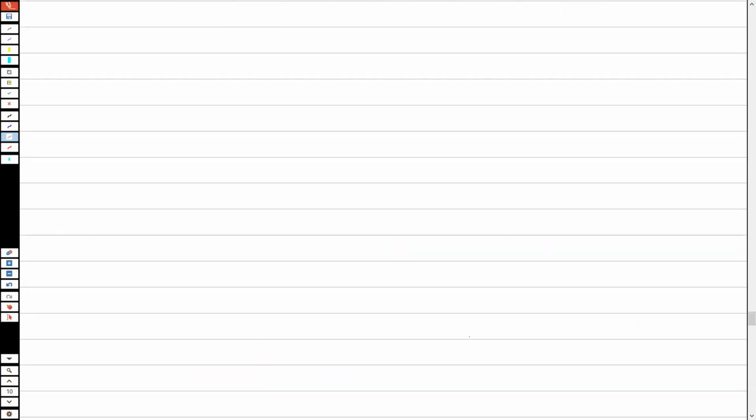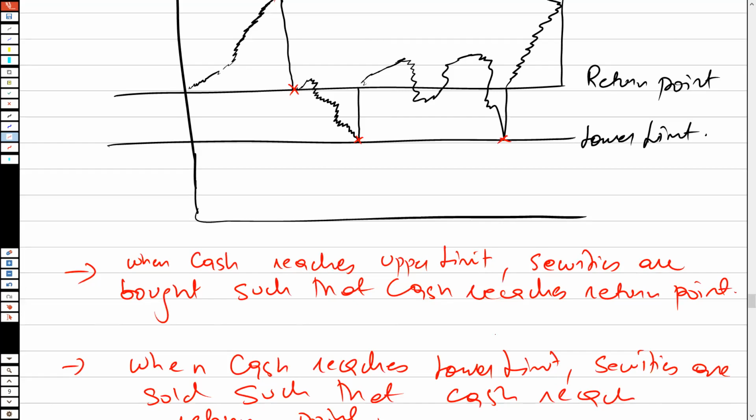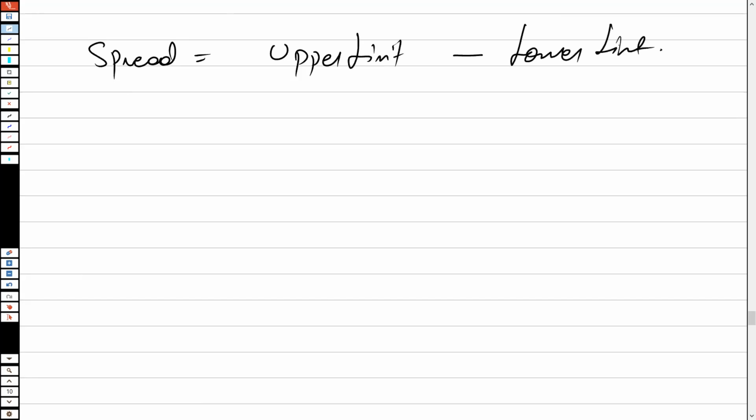So basically there are formulas relating to this Miller-Orr model which are given in the examination. Let me guide you through them. The difference between the upper limit and the lower limit is called spread.